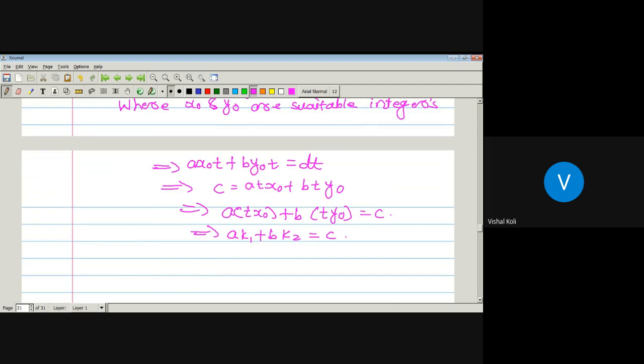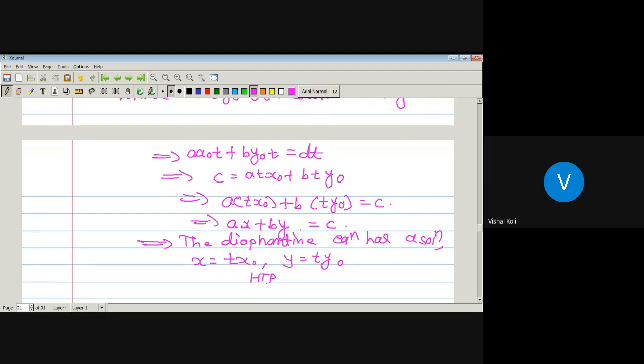So a k1 plus b k2 is equal to c. It means that the ordered pair k1, k2 will be a solution of the given linear Diophantine equation. Instead of k1, k2 we can take x, y also: ax plus by equal to c. So the Diophantine equation has a solution, where the value of x is t into x0 and the value of y is t into y0, and hence the proof.